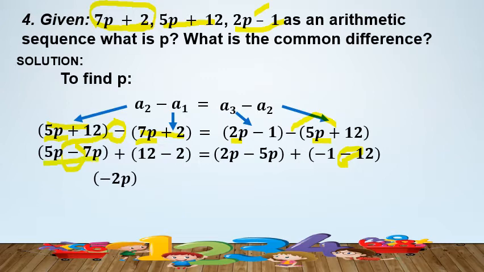5p minus 7p, we have negative 2p, plus 12 minus 2, we will have 10, equals 2p minus 5p, we will have negative 3p, plus negative 1 minus 12, we will have negative 13.